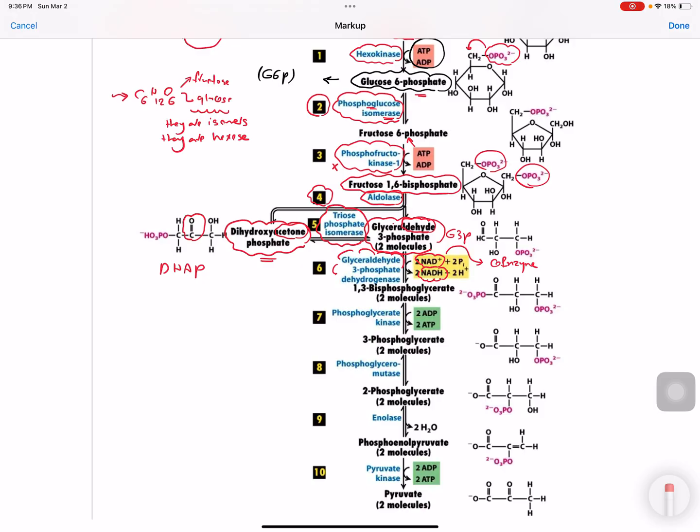Simultaneously, an inorganic phosphate is also added, creating 1,3-bisphosphoglycerate.